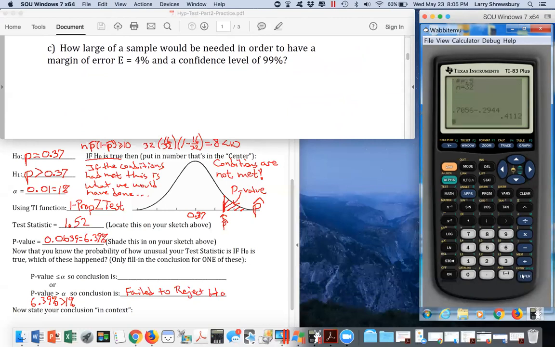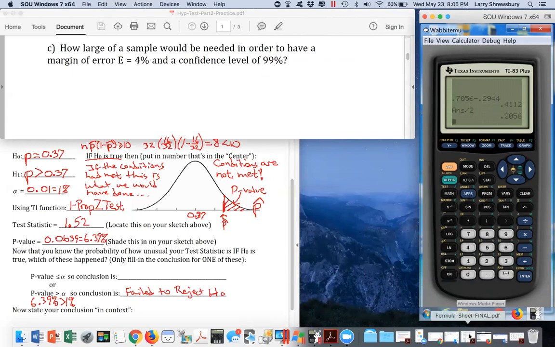So that's the entire width, and your margin of error is half that. So if I divide this by 2, our margin of error is about 20.5%. Boy, that's huge. Well, we would like to shrink that down to 4%. That would be a huge improvement. And let's have the confidence level at 99%.